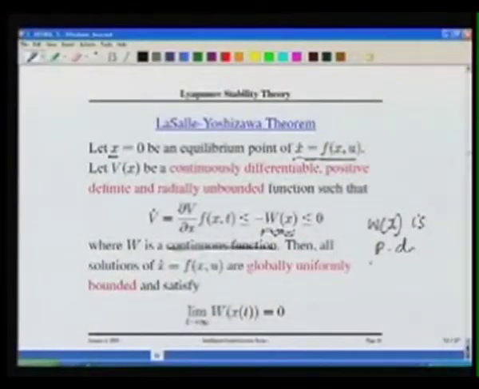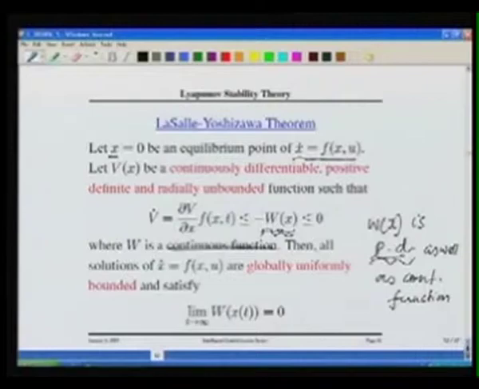We already said that if V dot is negative definite, then the system is stable. Now, we are simply saying this W(x) is a positive definite as well as a continuous function. Earlier we simply said it is positive definite, now we are saying it is positive definite as well as continuous. When these two are together true, then what happens? This is also true.